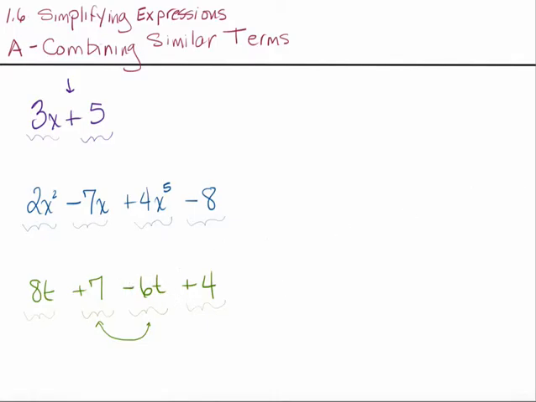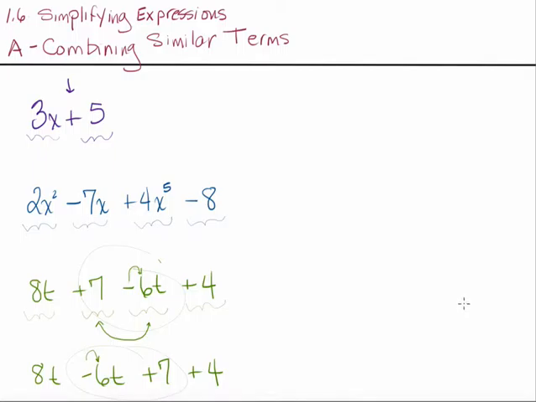In other words, I need to make sure that this minus goes with me when I move the 6t to a new position. So let's rewrite this now with these two terms in their new positions. 8t minus 6t plus 7 plus 4. See, these two terms here have just been reversed, but this minus went with the 6.